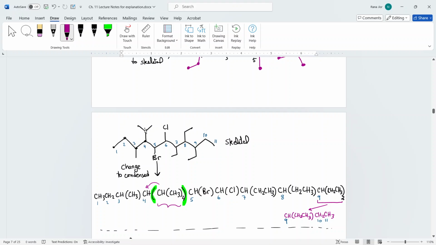And then you do have a CH, so that is the CH. This carbon is this one over here. And then on that CH, open the parentheses again, and you have 2 CH3s that are connected to the CH. And then move along in order to write down the condensed formula of this skeletal structure.